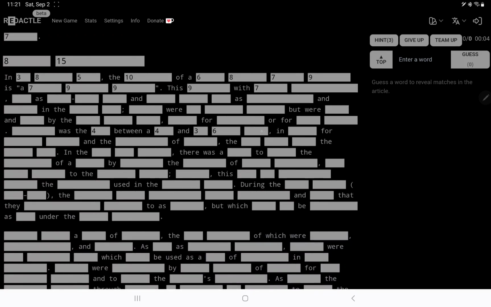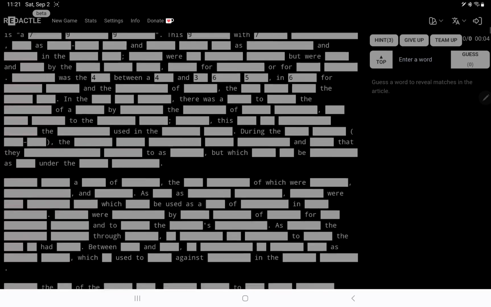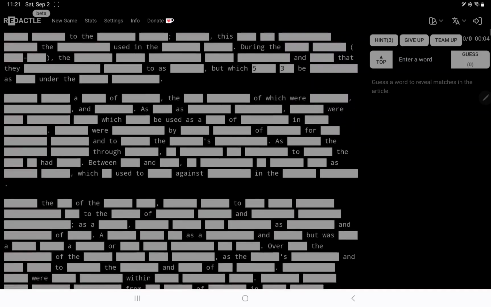The link between a 4 and something, which could be used as a form of something between 2 years, 2, 11, 2, 7, 4, which he used to something fight against, guard against, something.